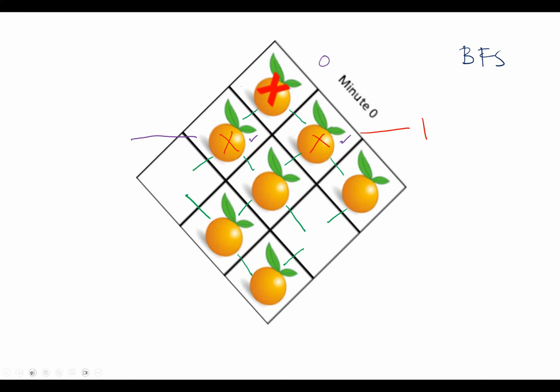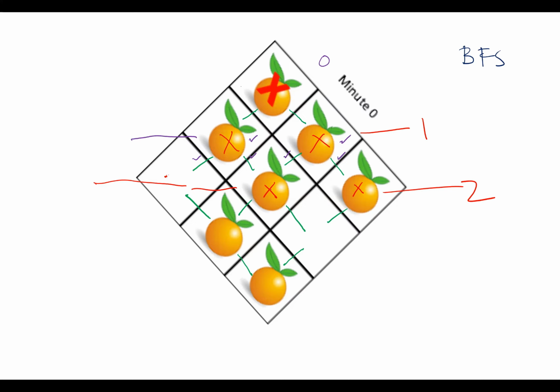In time 2, this is explored and this is explored, so through these edges, this one gets infected and becomes rotten. Also, this one becomes rotten. So this is from time 2. There was a chance to rot an orange here, but there is nothing here, so nothing happens. Okay, so this is time 2.